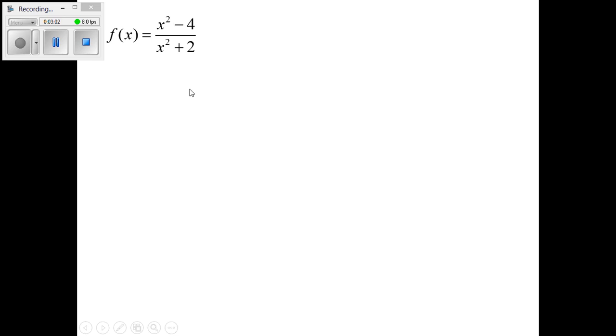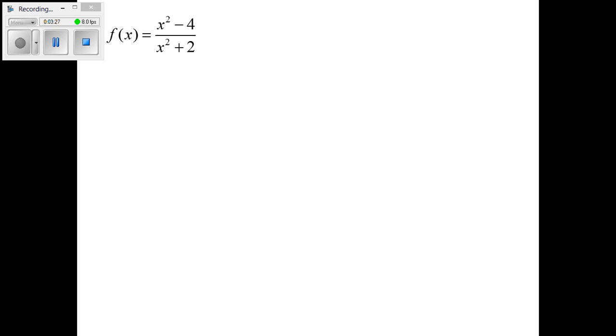Okay, here, taking a look at this rational function, the ratio of the highest powers top and bottom is 1, so therefore y equals 1 is the horizontal asymptote. There is no value causing the denominator to equal 0.